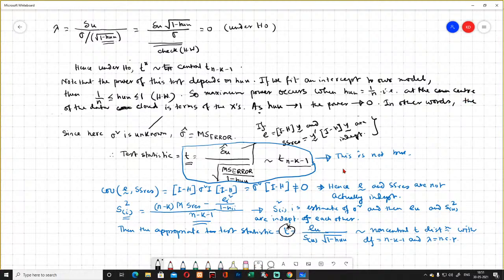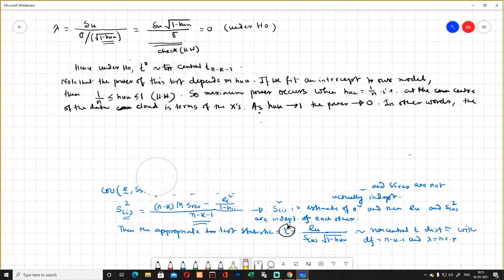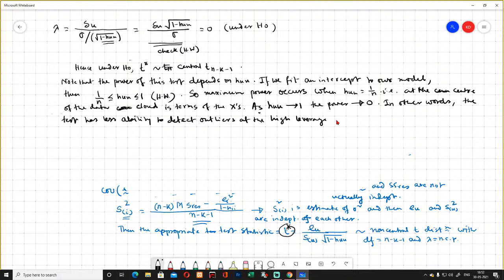In other words, the test has less ability to detect outliers at a high leverage data point.